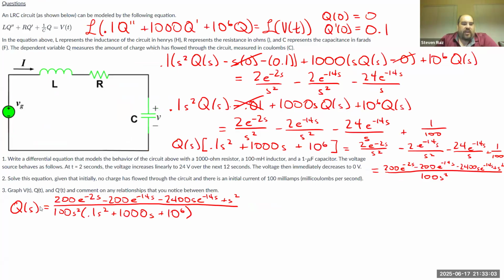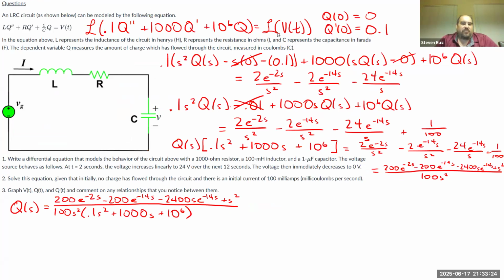All right, so now that we have this Q of S, this is a very involved function. I believe we could do the inverse Laplace transform on this by hand if we did partial fraction decomposition.